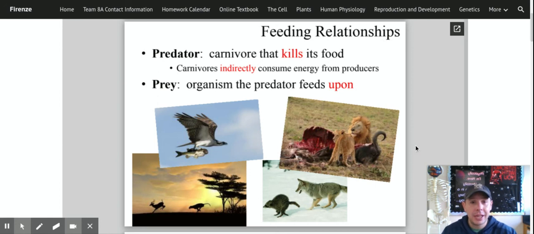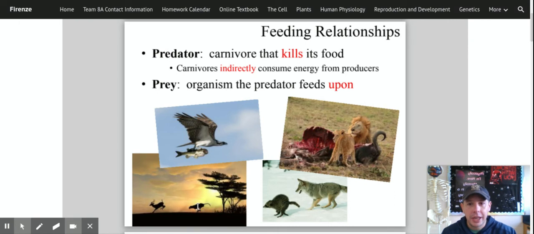So we can see some lions here that are eating something. I'm not exactly 100% sure what they're eating. It looks kind of like a buffalo. So they are the predators, and the buffalo is the prey. We have a hawk here eating, it looks like a bass or some sort of fish. The hawk or eagle is the predator. The fish is the prey. We have a lion down here, or a cheetah, chasing an antelope.